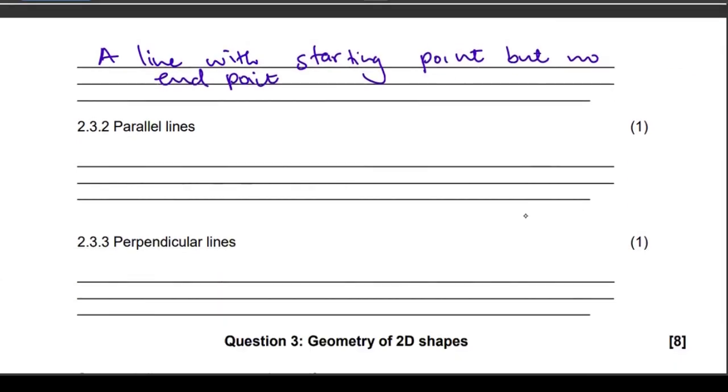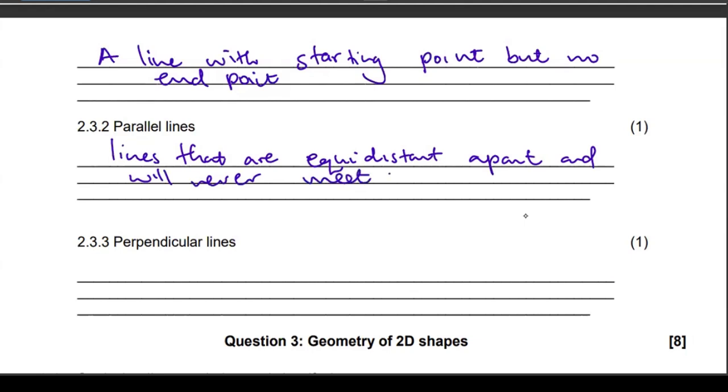And then parallel lines, we are saying these are lines that are equidistant apart and will never meet.